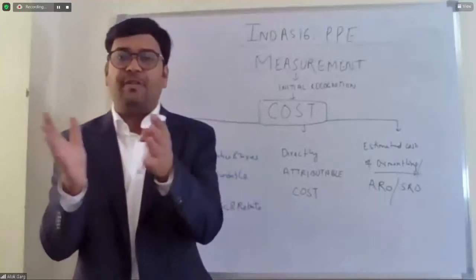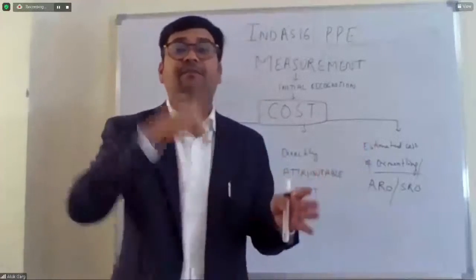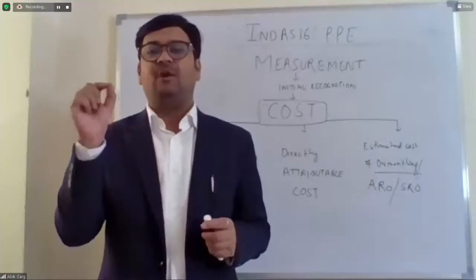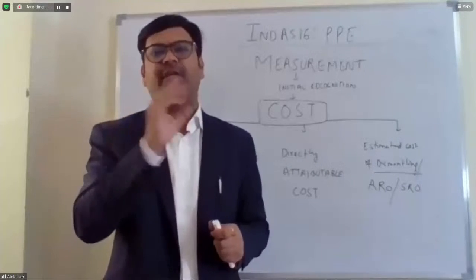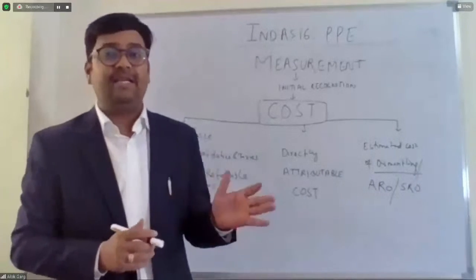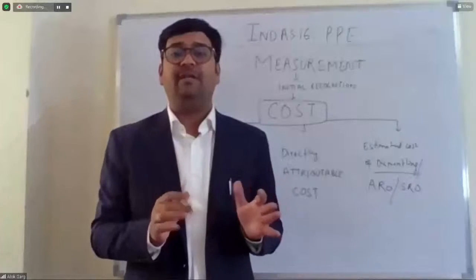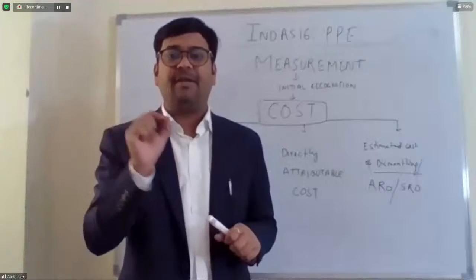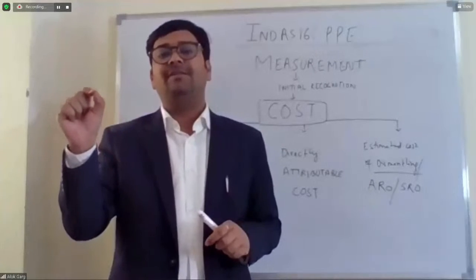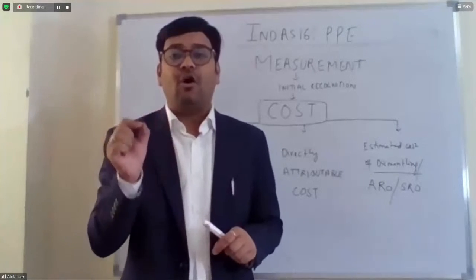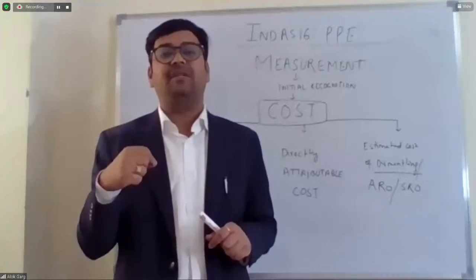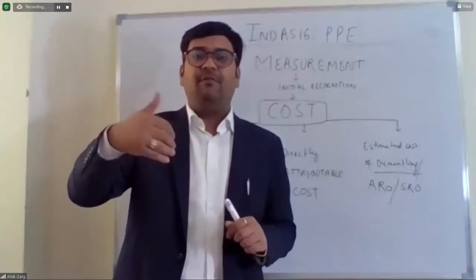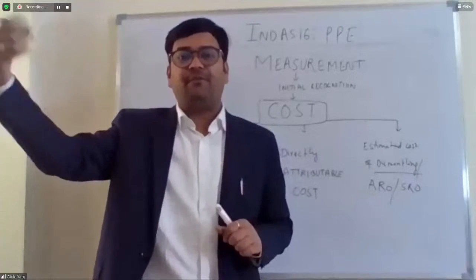You have to compute the present value of that cost as on date. For example, 2 lakh rupees discounted at 10% will give you 50,000 rupees. In that case, this 50,000 has to be capitalized in the cost of the asset: debit cost of the asset, credit provision for site dismantling obligation, or provision for asset retirement obligation. This provision will be accumulated over a period of 20 years.